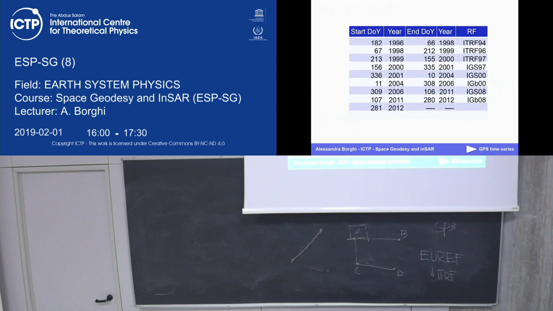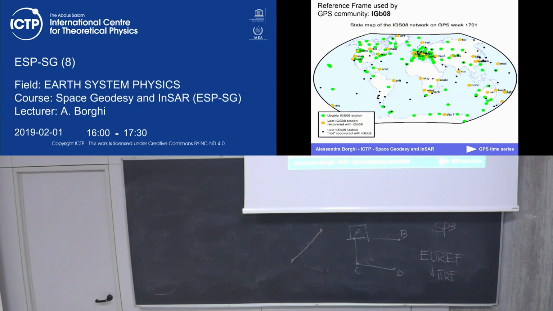But often in the papers, in the geophysical community, you will use the ITRF frame because, do you remember, ITRF is obtained by combining different geodetic techniques: GPS, VLBI, SLR, DORIS, and so on. IGS is just a reference frame obtained by analyzing GPS data.